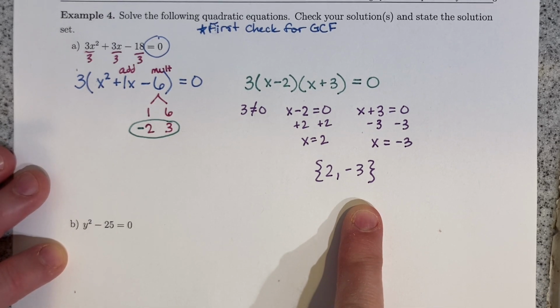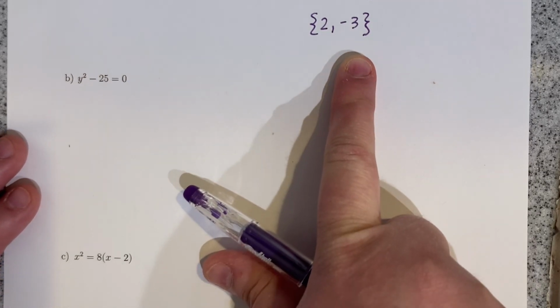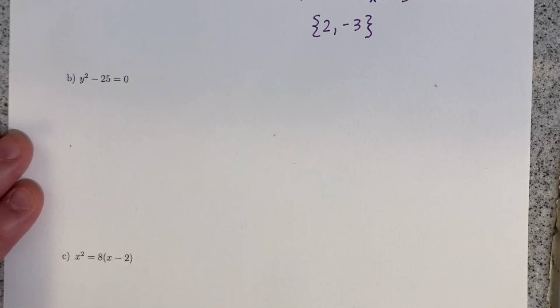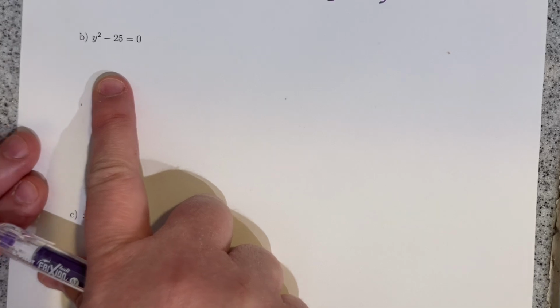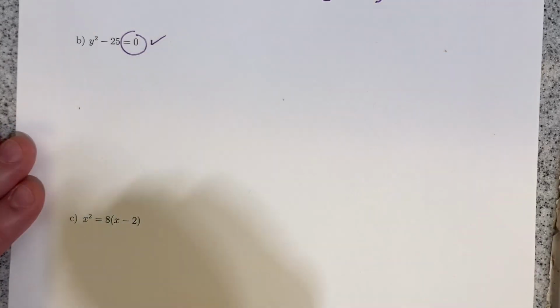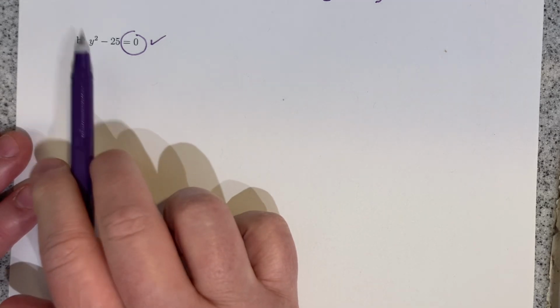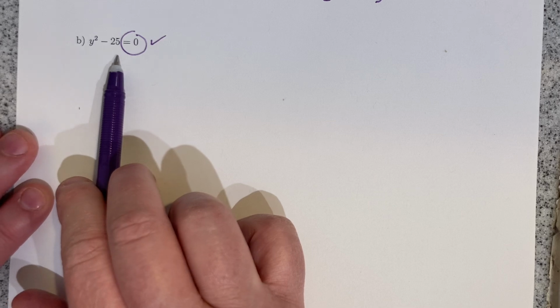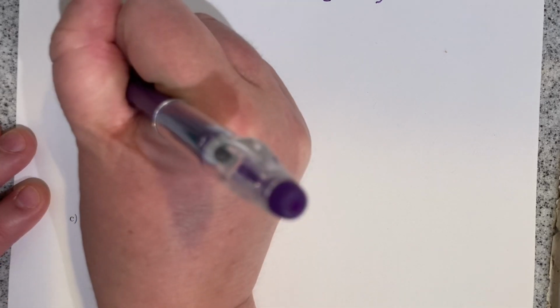All right, let's try the next one. y squared minus 25 equals 0. This polynomial only has 2 terms. First, double check that it equals 0, check. But now that it just has 2 terms, we only have one way to do that, and that's difference of 2 squares. Oh, and look, it is squares.